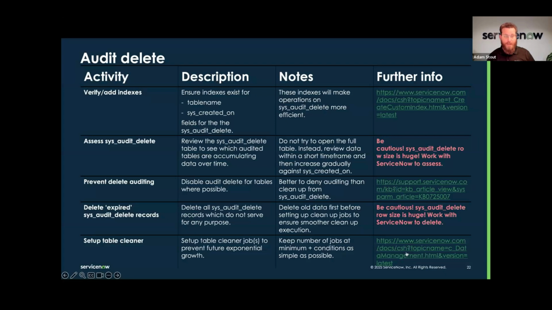So it's important to look at what you're auditing and make sure that you're in compliance with your organization's policies. When we turn auditing on, it's great, but keeping all data for all time or keeping no data may be in conflict with your policies. So you'll want to configure the properties at the table level and on your system so that you're in compliance with your organization's policies.